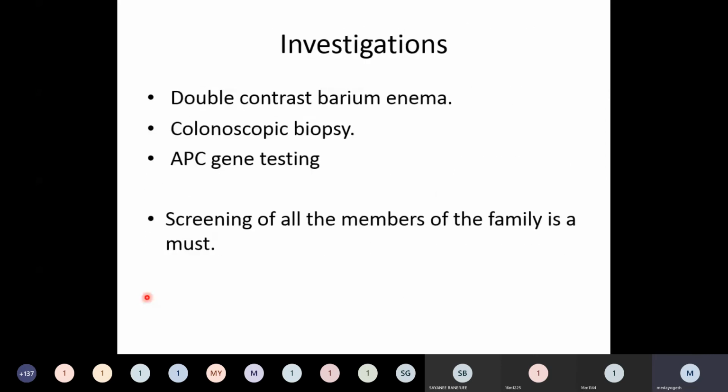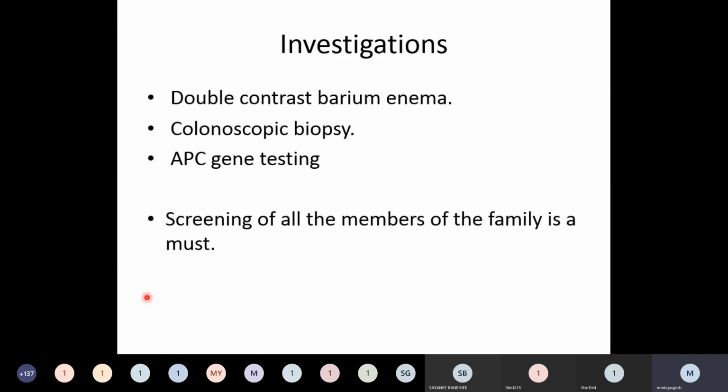So how do we investigate such patients? Whenever, with history, we come to a conclusion that the patient might be having polyps, we want to confirm whether the patient has a few polyps or a colon studded with polyps, or whether there are associated polyps at other sites as well.